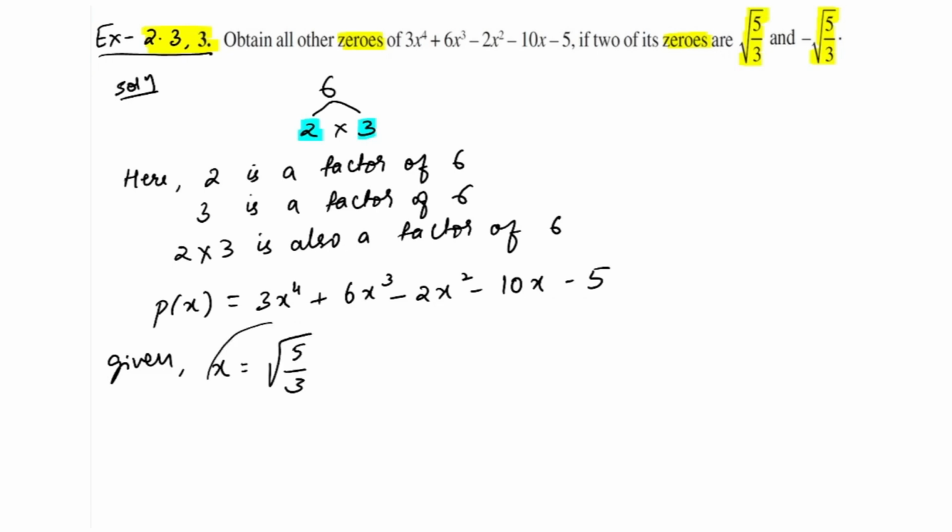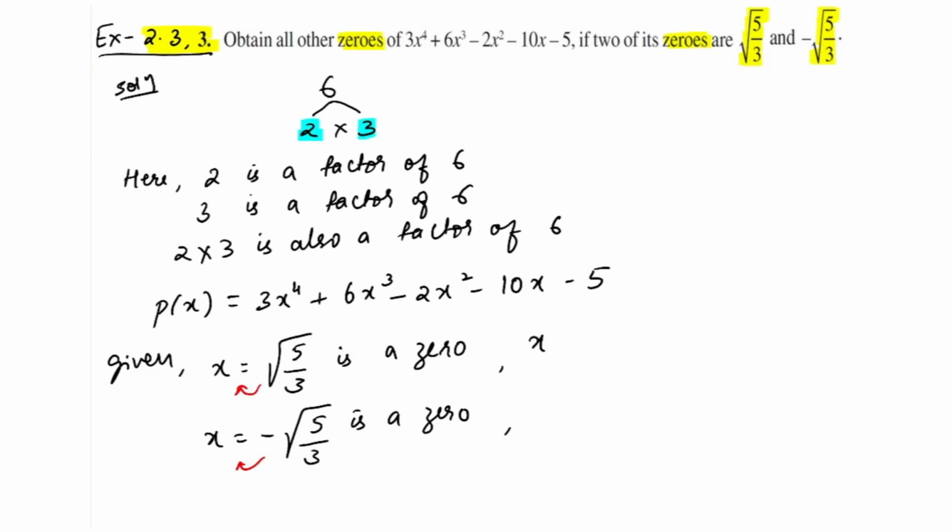So, when we find the value of x, we'll get one value of x as root 5 by 3, and we'll get one more value of x, that is minus root of 5 by 3. Given in the question, this is a zero. Now, for simplification, we'll take this root of 5 by 3 to the LHS and this minus root of 5 by 3 to the LHS.